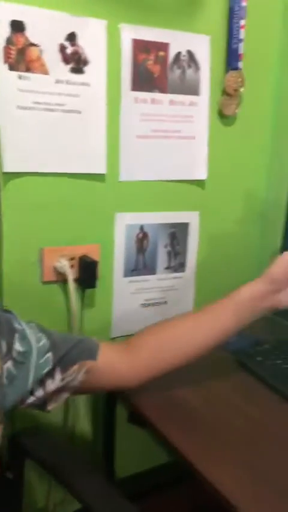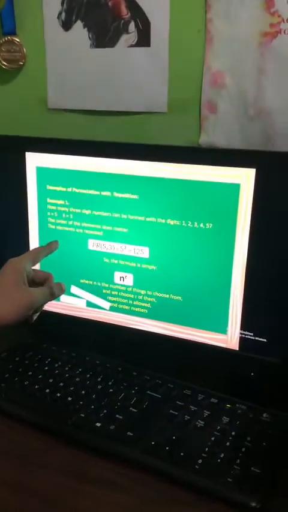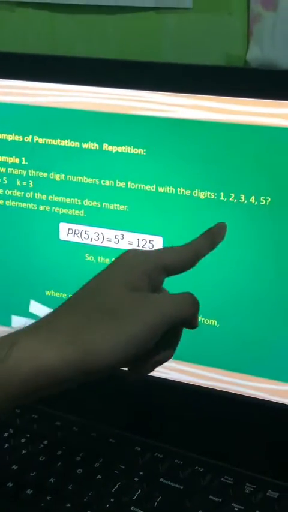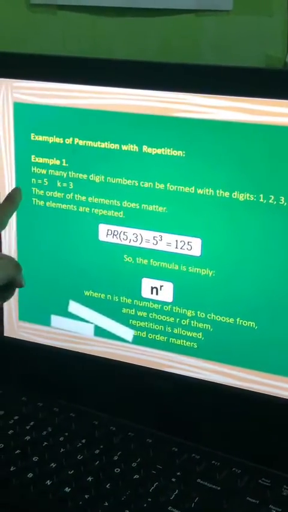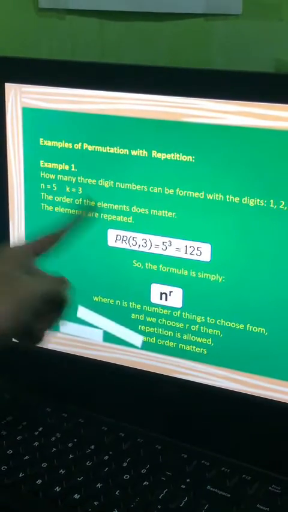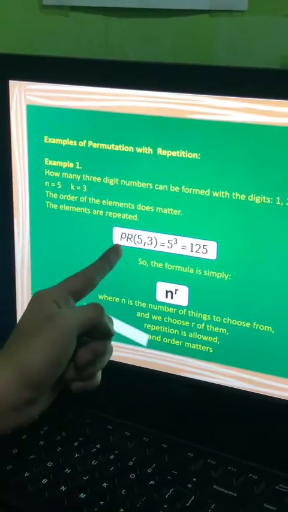Here is an example of permutation with repetition. How many 3-digit numbers can be formed with the digits 1, 2, 3, 4, 5, wherein n is equal to 5 and k equals 3? The order of the elements does matter, and the elements are repeated.